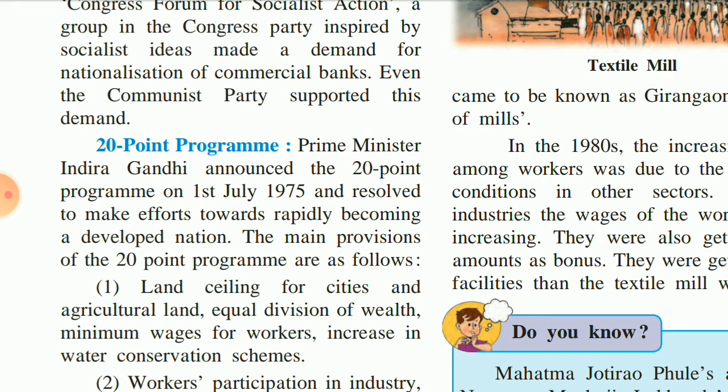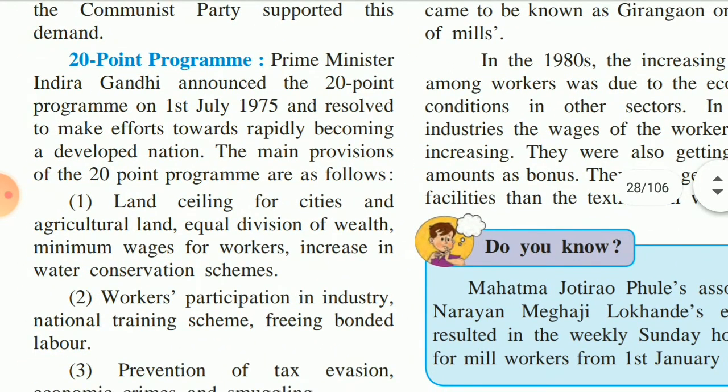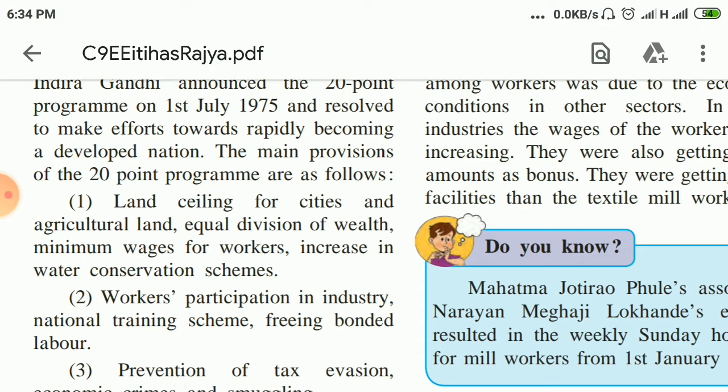The main provisions of the 20-point program are as follows. Number 1: land ceiling for cities and agricultural land, equal division of wealth, minimum wages for workers, and an increase in water conservation schemes.